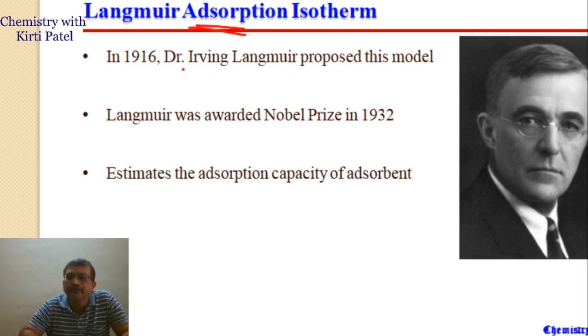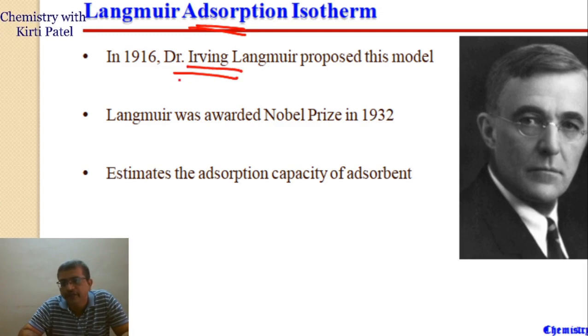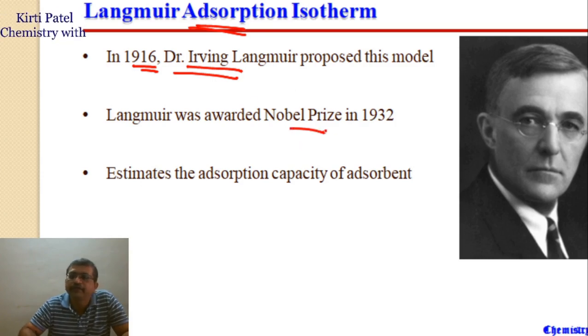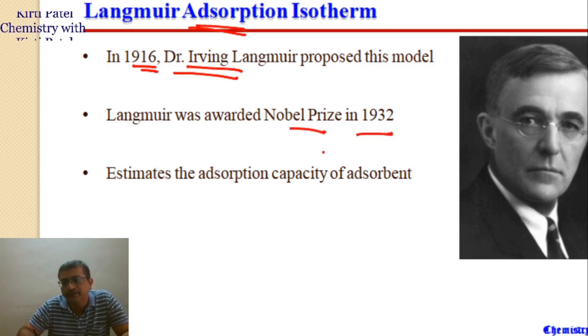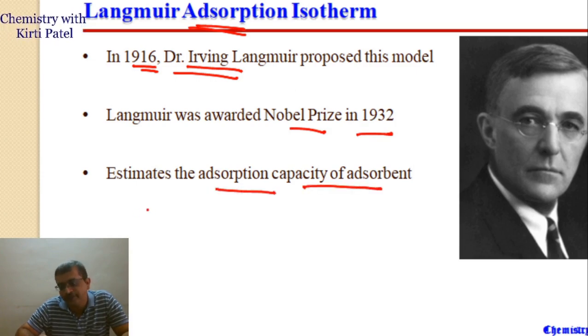This Langmuir adsorption isotherm was given by Dr. Irving Langmuir in the year 1916, and he was awarded the Nobel Prize for the same work in 1932. It estimates the adsorption capacity of the adsorbent. This is a different concept from that of Freundlich adsorption.